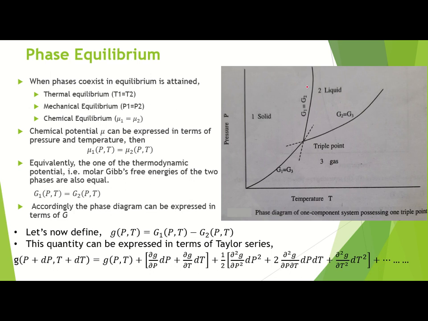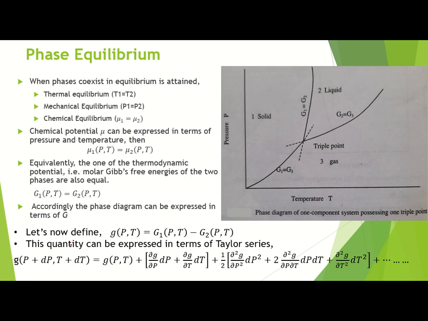If these two phases are not in equilibrium, then you will have G1 minus G2 not equal to 0. So let's say that the difference between these Gibbs free energies is defined as some small g, which of course will be a function of the pressures and temperatures. Now this quantity is of our interest. We have to make this equal to 0 so that these two phases are in equilibrium.